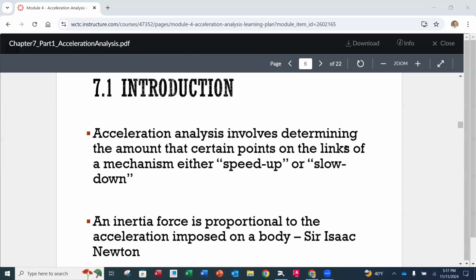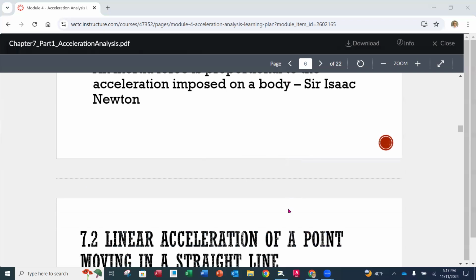Acceleration is when we are speeding up or slowing down. Now, an inertia force is proportional to the acceleration imposed on a body. In kinematics, we do not discuss or take into account inertia forces, but we will in dynamics. We're just looking at the motion side of things. We need to make sure that we have our motion right before adding the forces a little bit later, because they are important.